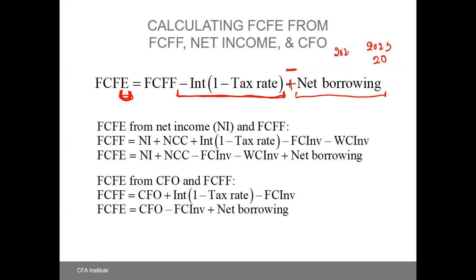And in 2022, I have the debt level of 30. I have the net repayment of debt. In that case, the net borrowing becomes negative. So if we repay more, we're incurring negative net borrowing. Okay.